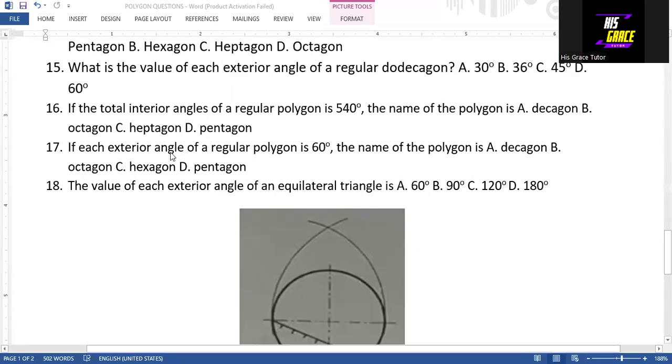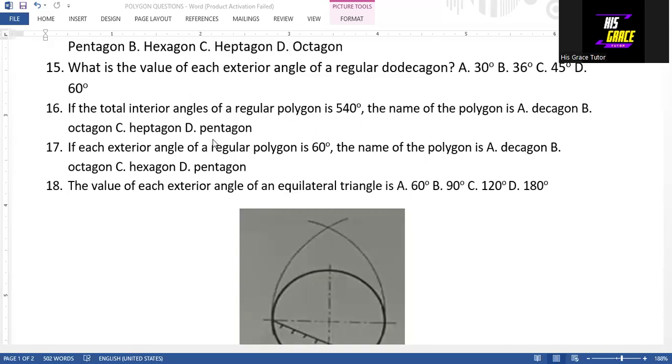Okay. Then question 16 says that if the total interior angles of a regular polygon is 540 degrees, the name of the polygon is a pentagon. The formula that we use to calculate the sum of interior angles of any polygon is n minus 2 times 180 degrees.